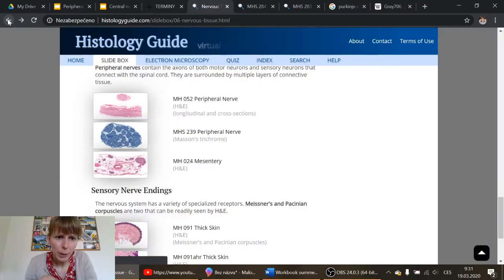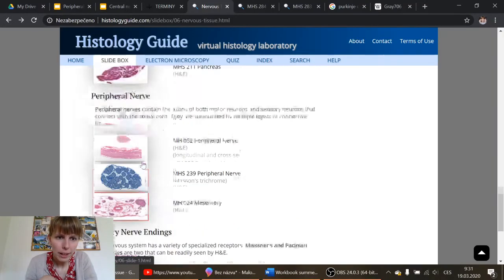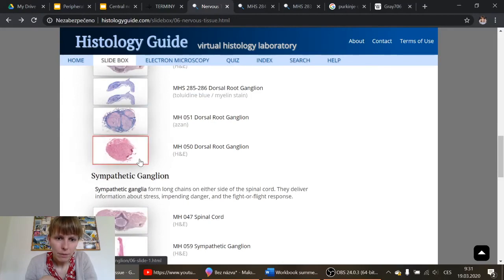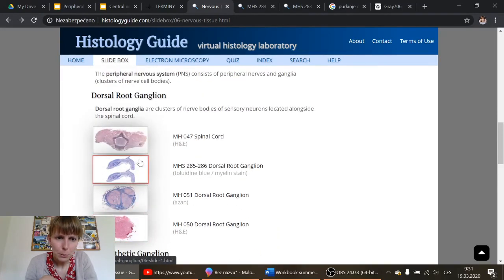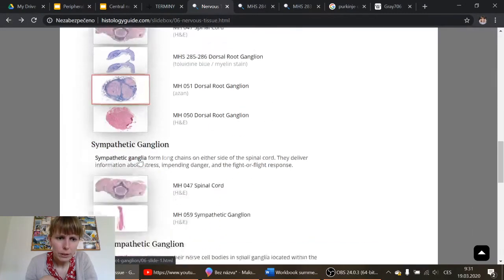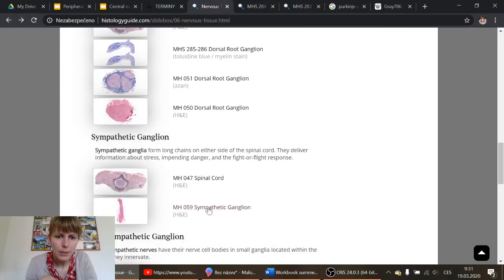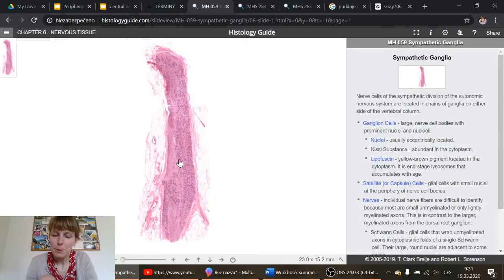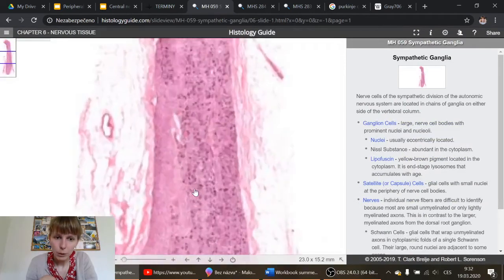So let's go back to the histology guide and let's take a look. We want the sympathetic ganglion, so the autonomic nervous system ganglion. This is the spinal ganglion that you will see in the second here. It's similar anyways.